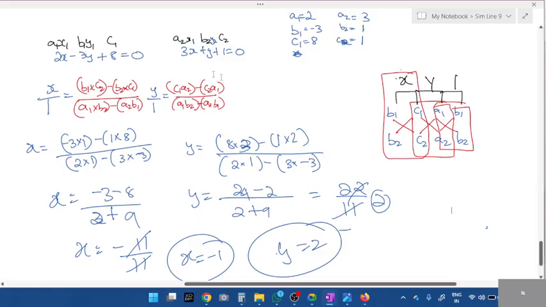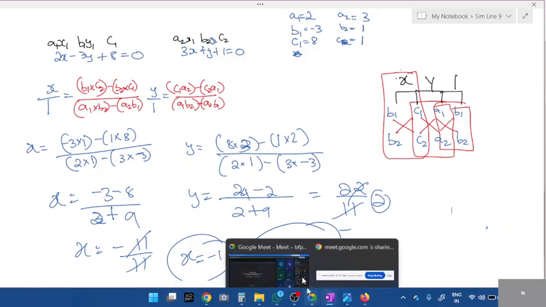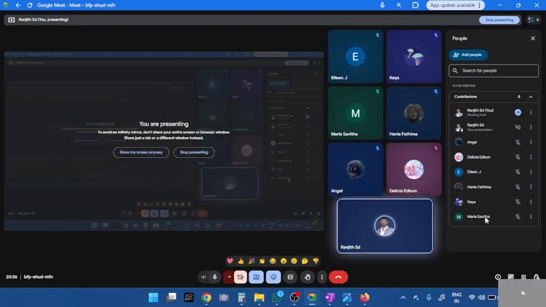All of you completed? Any doubts in this, students? Cross multiplication, do you have any doubts?